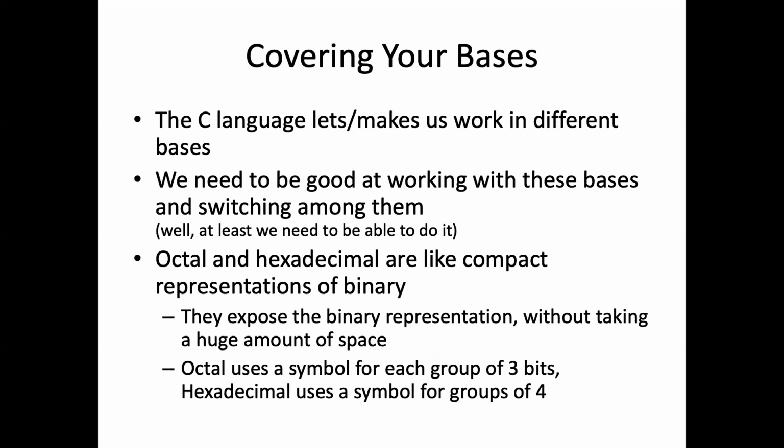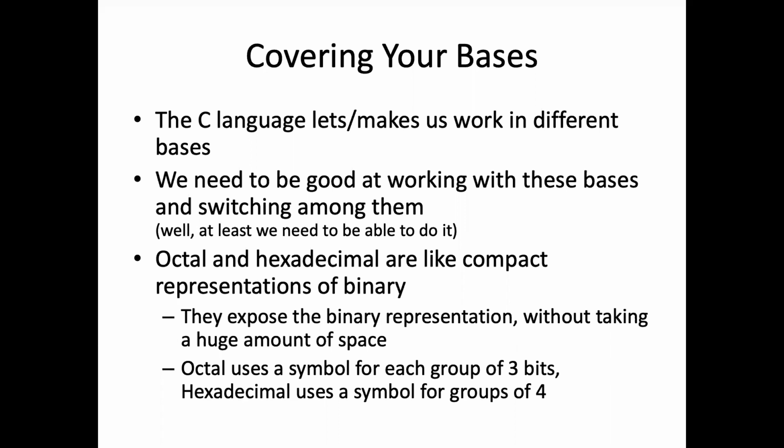If you wrote down a 32-bit number in binary with ones and zeros, it'd take a big part of a line of code. In base 8, in octal, every part of an octal number represents 3 bits.